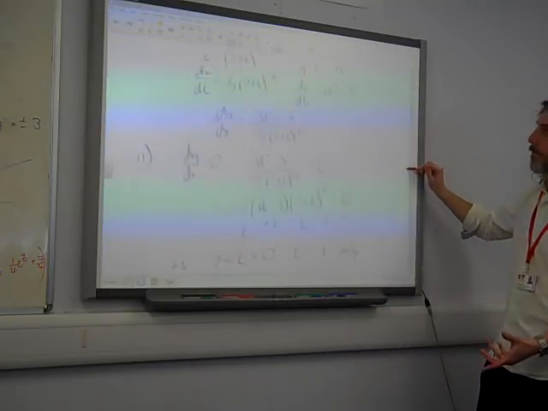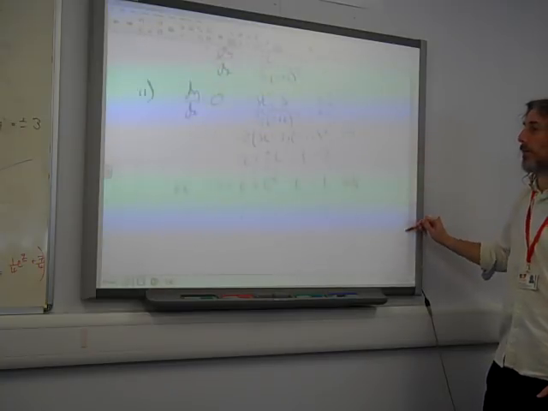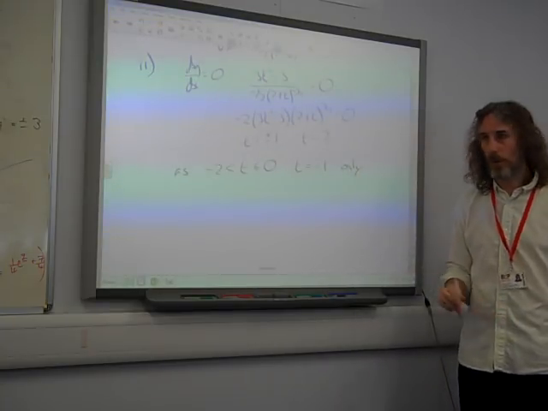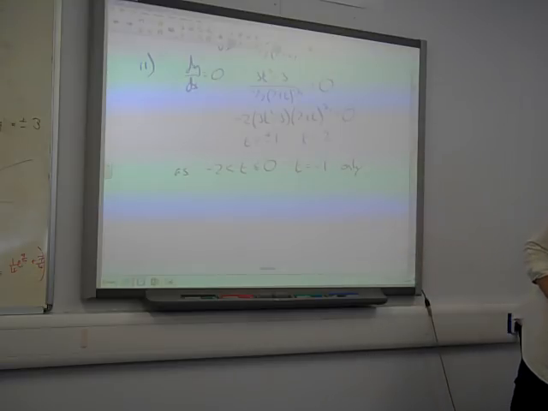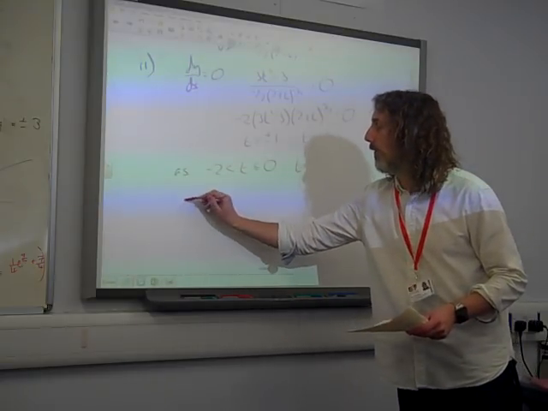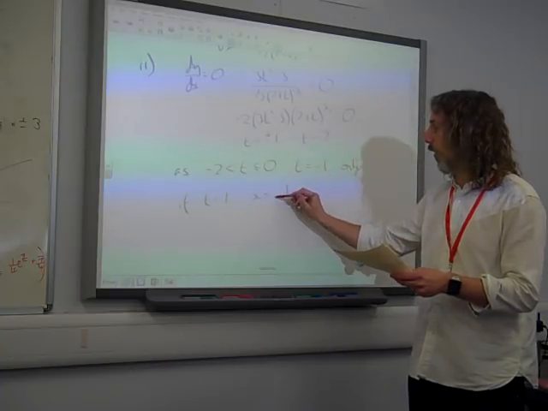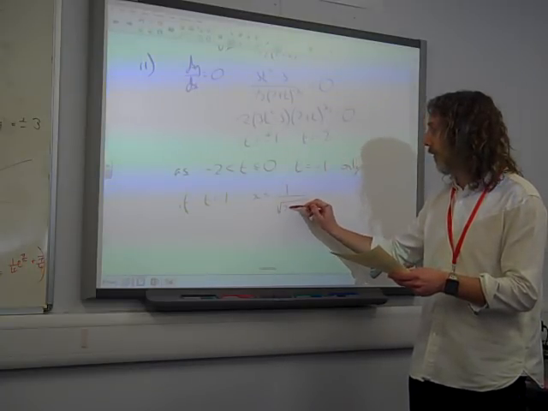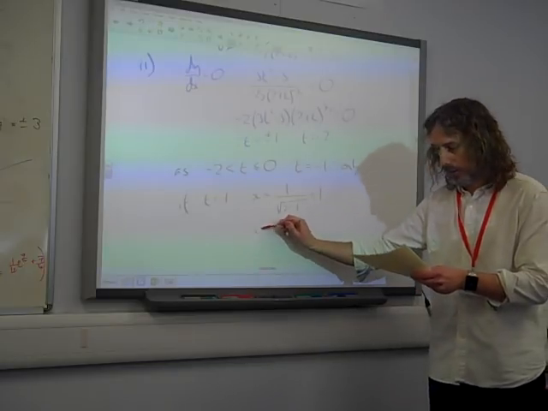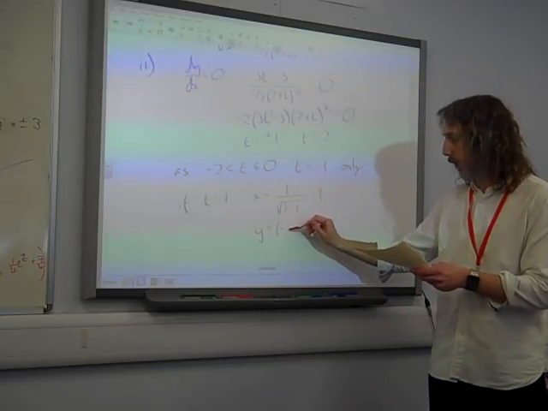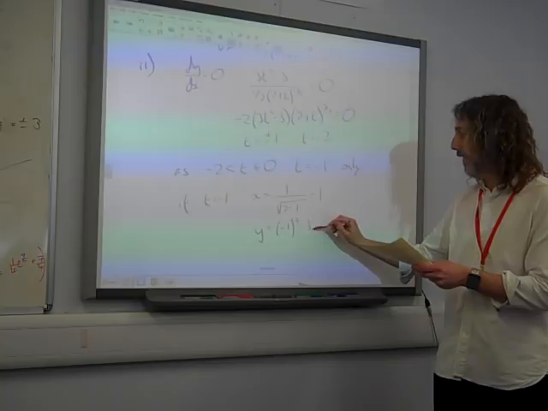The question said, find the coordinates of the stationary point. So having got t equals minus 1, we have to sub them back in to the x and y values. If t equals minus 1, x is 1 over the square root of 2 minus 1. That's 1. Y equals minus 1 cubed minus 3 times minus 1.